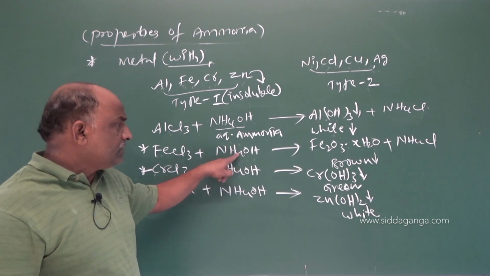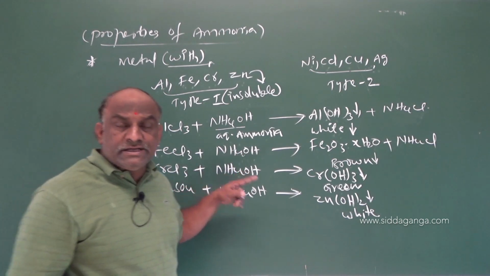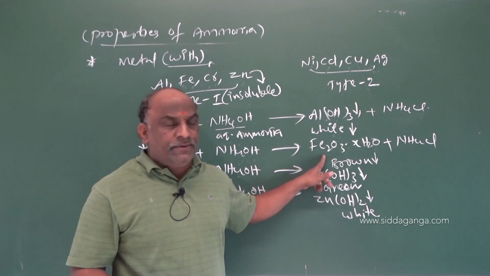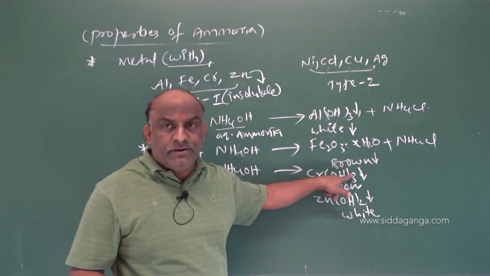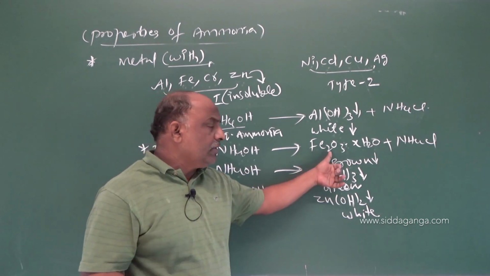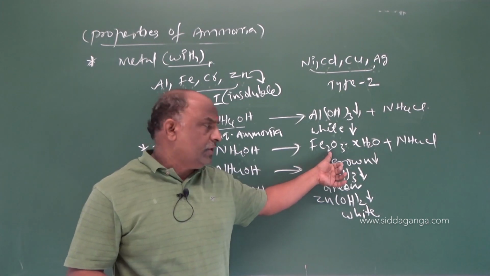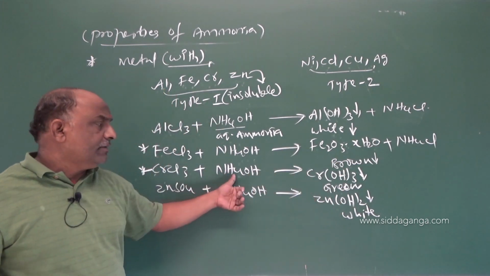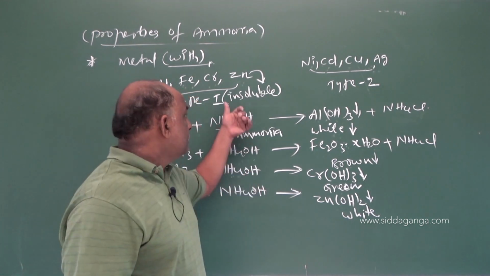Make a note, give a special focus on this, because we expect questions from this corner for NEET or JEE Main. Brown PPT we found when ferrous salts, iron salts are dissolved in aqueous ammonia, and green color PPT when chromium salts are dissolved in ammonium hydroxide or aqueous ammonia.